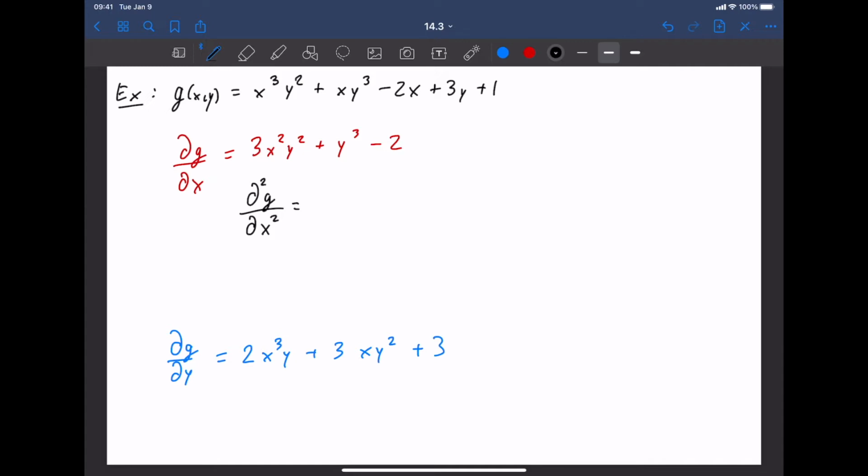So I'm going to keep thinking the y's are constants. I'm just going to look at the x's, and I would get 6xy squared. This stuff is all constants now because we're thinking of y as a constant. So I'm bringing the power down, subtracting 1 from the power, leaving the y squared, leaving the 3. Okay?